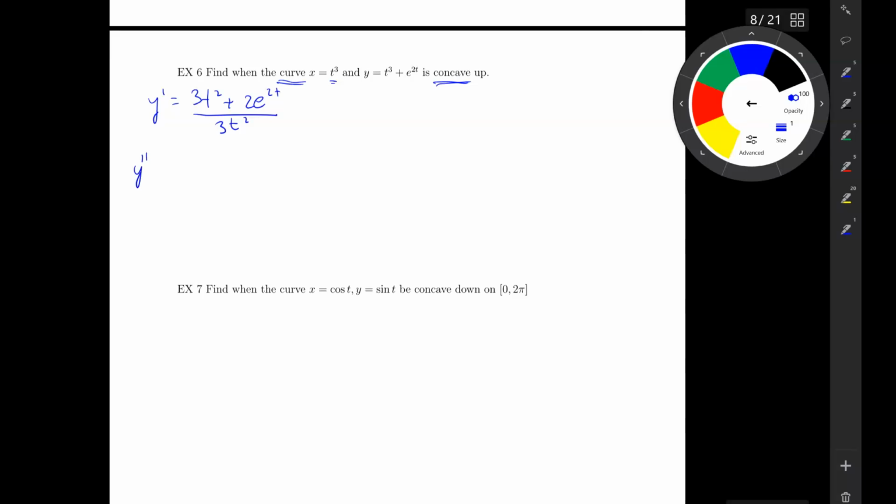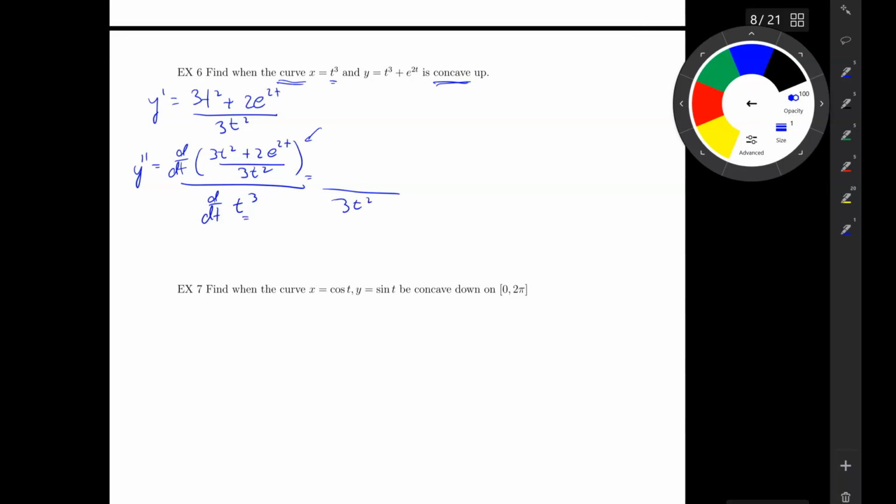So now to find the second derivative, let me write it out. What I'm going to do is take the derivative of this over the derivative of this, right? The derivative of y prime over the derivative of x again. So the derivative here gives me 3t squared.